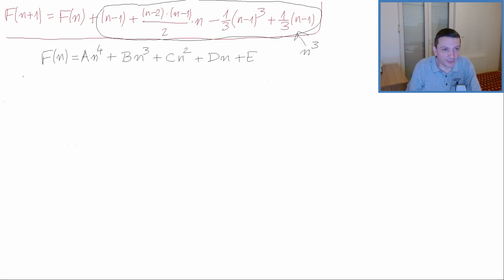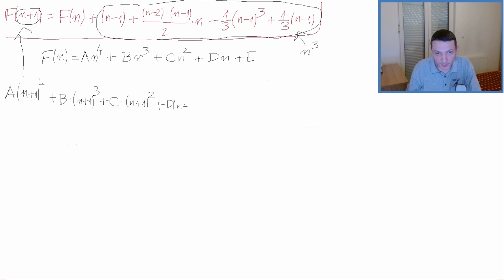So what I have on the left is this polynomial, but n replaced with n plus 1, which is actually a times n plus 1 to the power of 4 plus b times n plus 1 to the power of 3 plus c times n plus 1 squared plus d times n plus 1 and plus e.